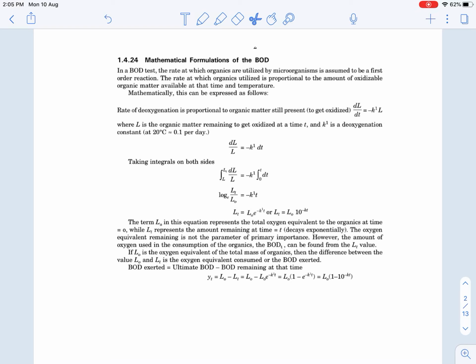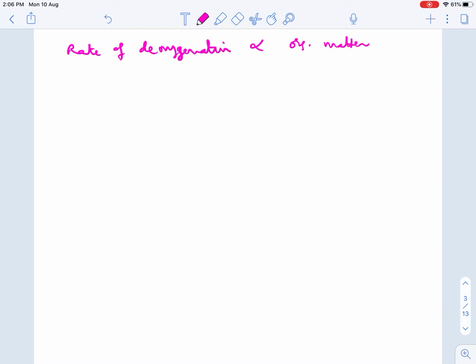Mathematically, this can be expressed as: rate of deoxygenation is proportional to organic matter still present at the time, to get oxidized.